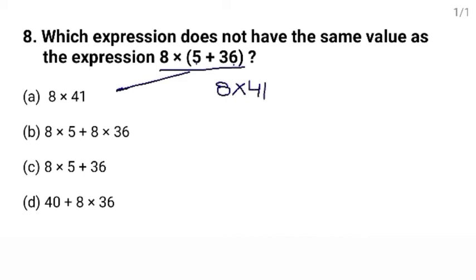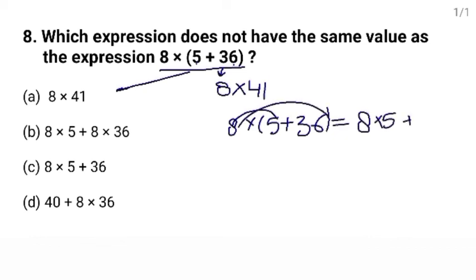So first option is equal to this one. Next, if we distribute 8 to the 5 and 36, we get 8 multiply 5 plus 8 multiply 36. So this is also same as this one, right?